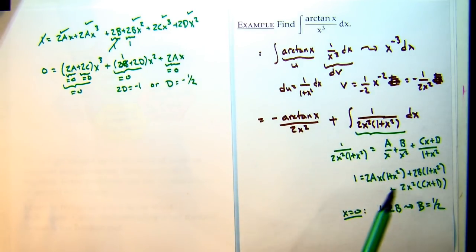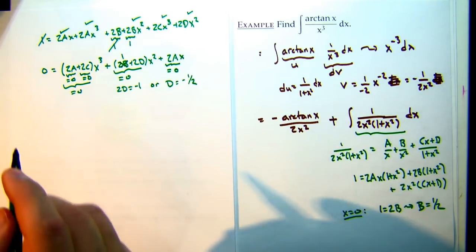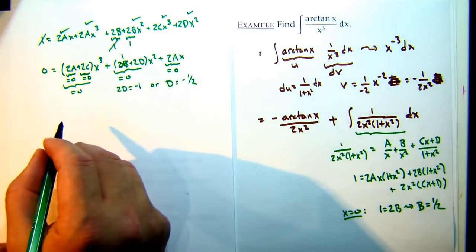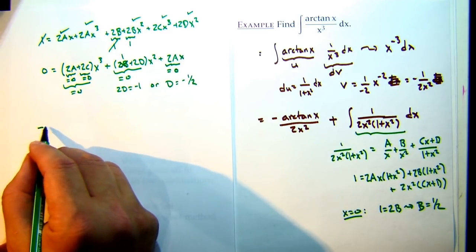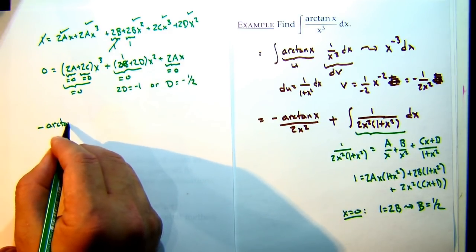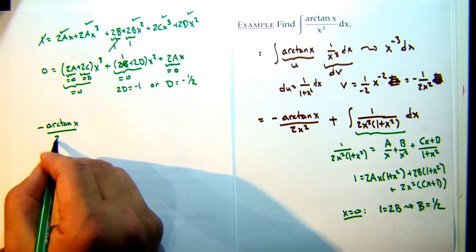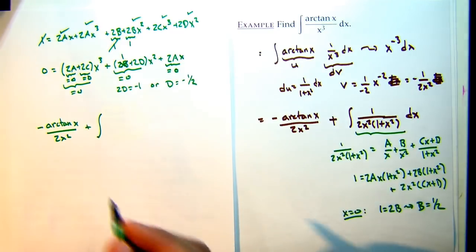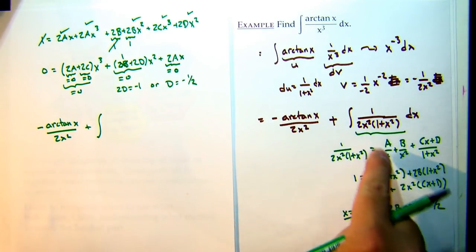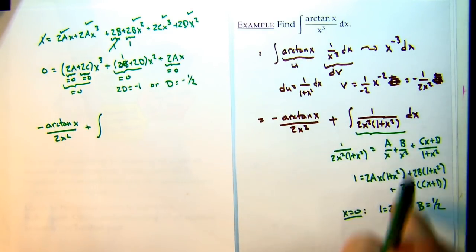So a is gone, and also c is gone. So what do we have? Well, at this point we have the following. We still have our minus arctangent of x over 2x squared plus the integral. And now we have 0 over x, then 1/2 over x squared.